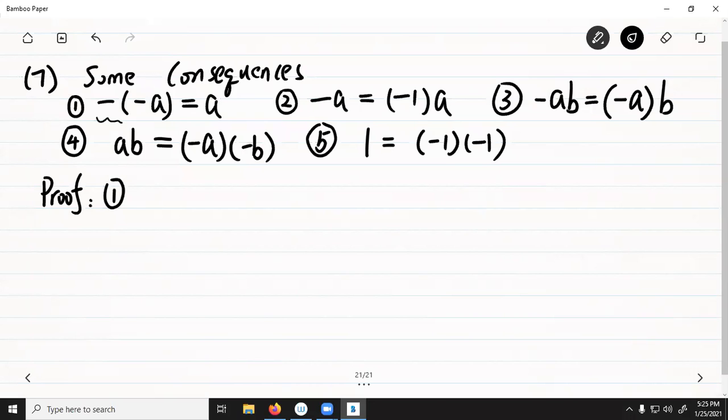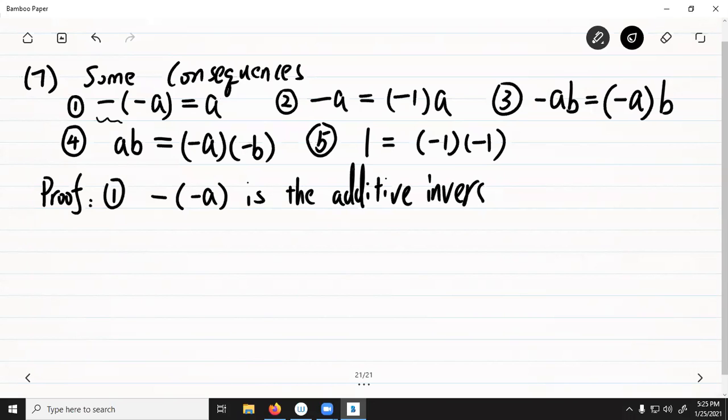So that means negative of negative A is the additive inverse of negative A, right? Do you agree with that? How do we define an additive inverse? We just add a negative sign in front of that letter, right?